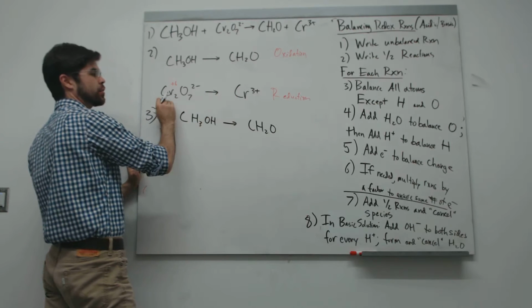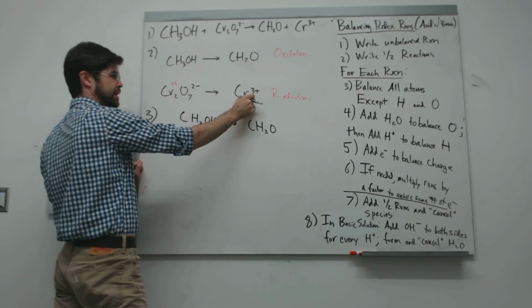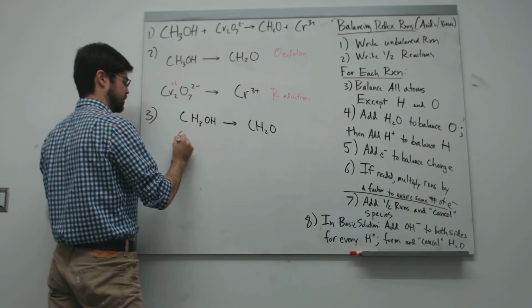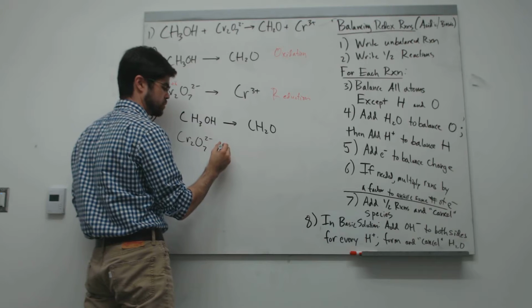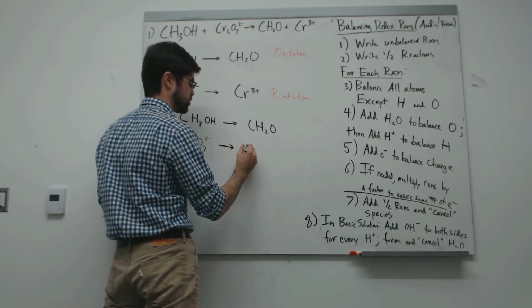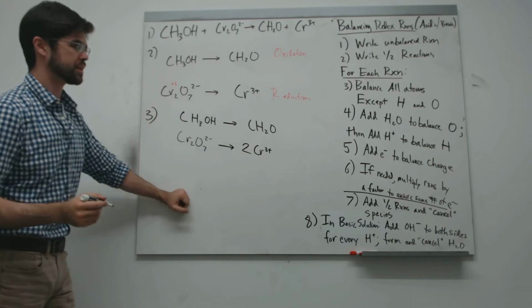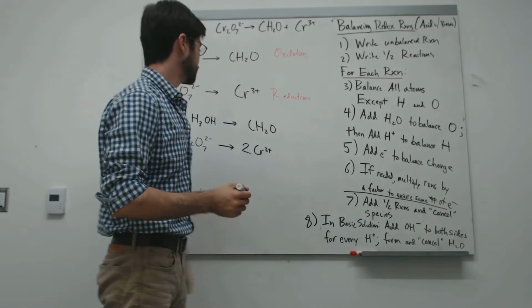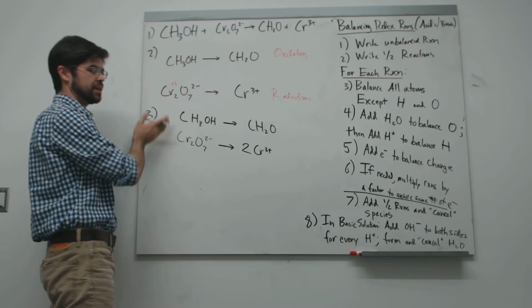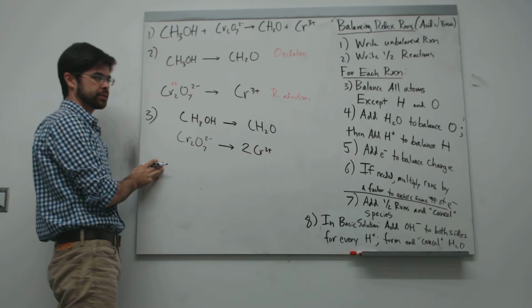The dichromate, I start with 2 chromiums, end with only 1 on the product side, so I've got to multiply this by a factor of 2. So I've got Cr2O7 2 minus, converting into 2 chromium 3 plus ions.